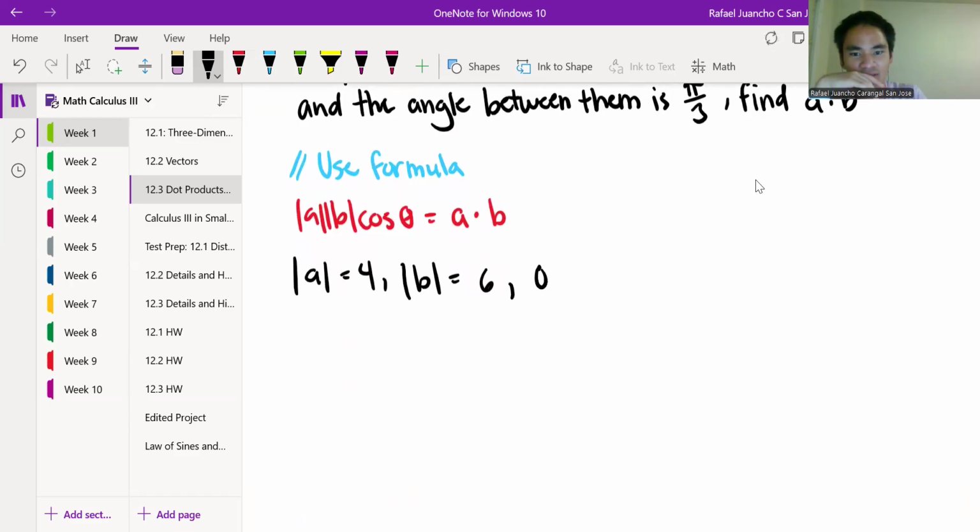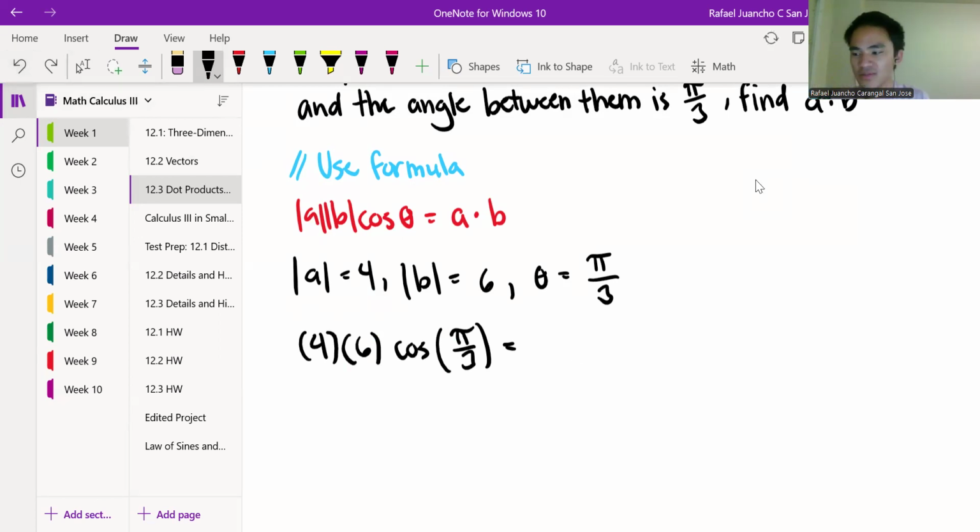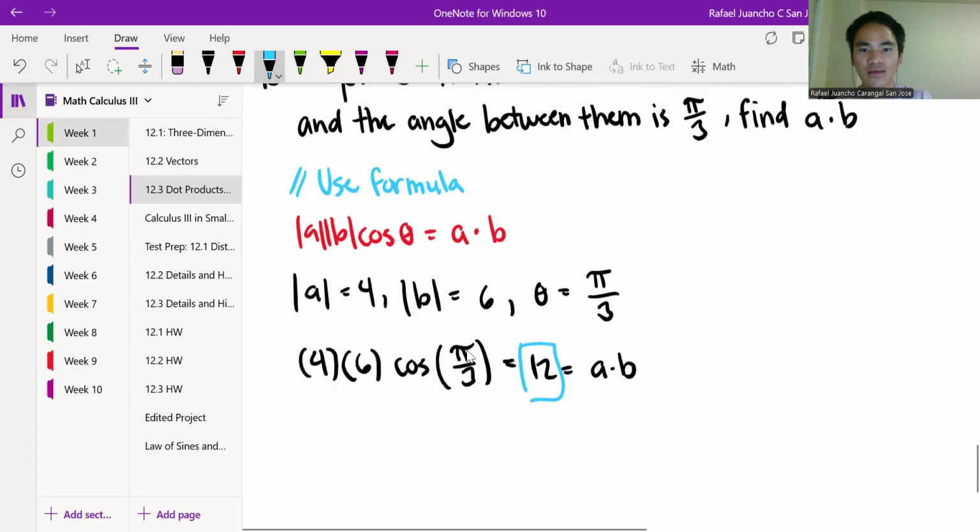And the angle between them is pi over three. So you can just plug this stuff in. So we have 4, 6, cosine of pi over three should be A times B. So what is this? 24 cosine pi over three. Hopefully my calculator gets a number. It gets 1/2. So this is 24 divided by 2, so this is 12. Right?